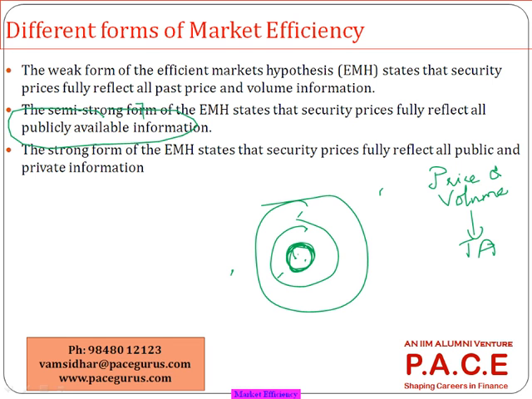So, fundamental analysis should not give abnormal profits consistently. Right? It should give profits. A person who is a good fundamental analyst should be able to make profits in 80%, 85%, 90% of the cases, but not 100% of the cases.